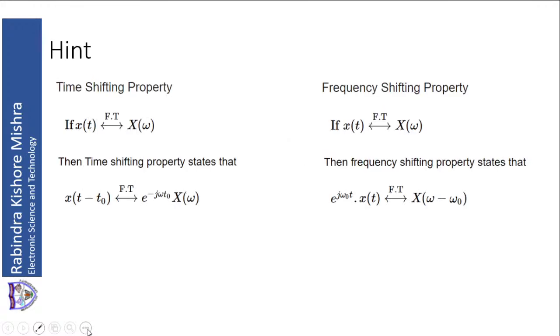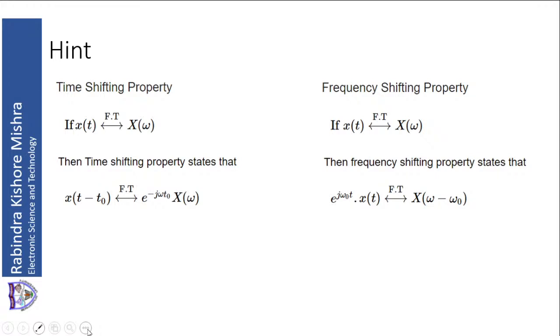Okay, the time shifting property gives us that if x(t) and X(omega) are Fourier transform and inverse Fourier transform of each other, then if you take the Fourier transform of x(t), you get X(omega). If that is done, then if you take the Fourier transform of x(t minus t0), it is equal to exponential minus j omega t0 times X(omega).